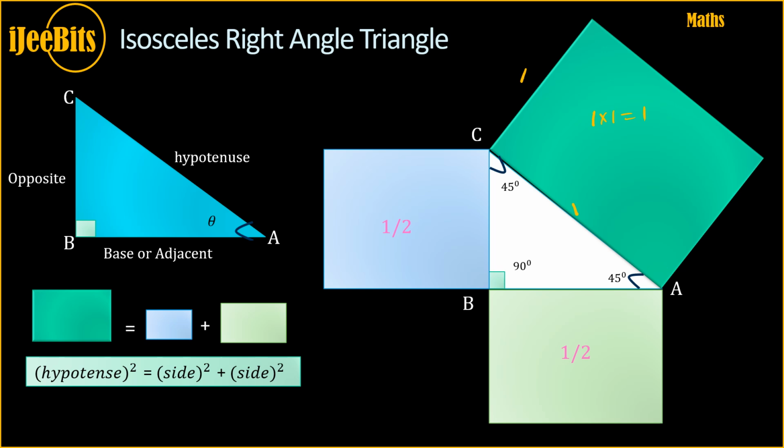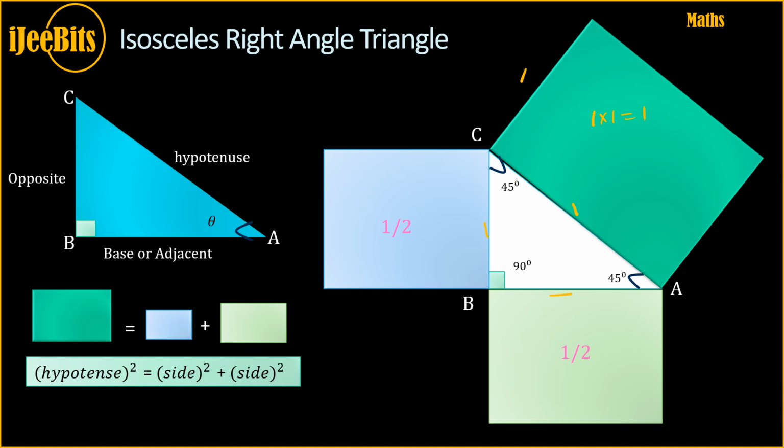Similarly, for the other two sides also, let me construct a square. BC is a length of the triangle, but I'm trying to extend it to construct a square. So I don't know how much length BC is, how much length AB is, but I would say these are two squares of length BC and AB respectively.